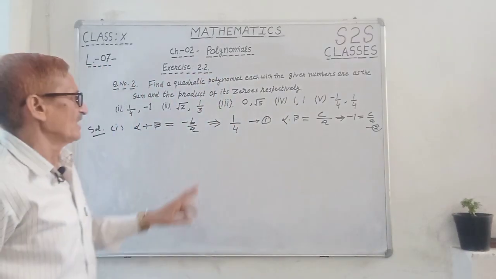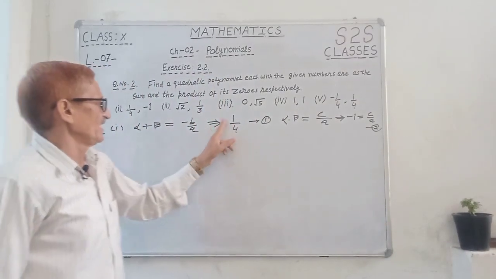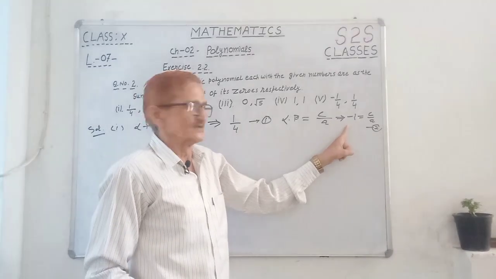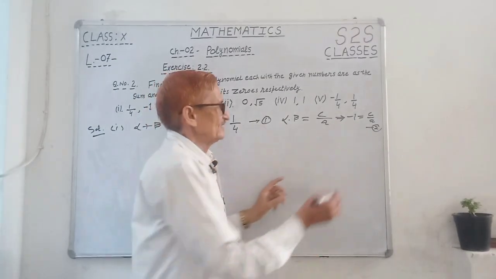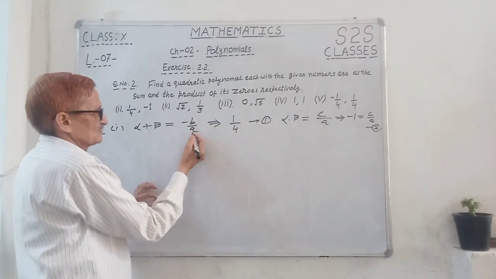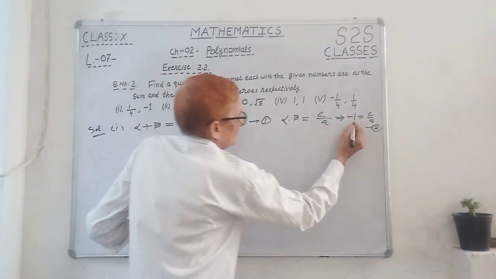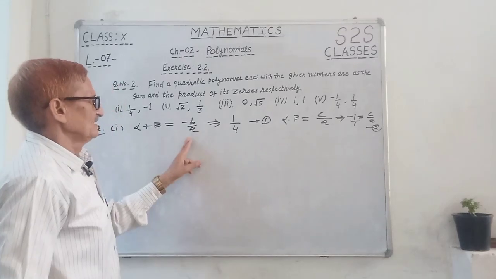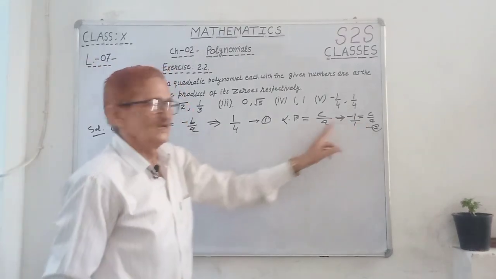These two equations you have: one, minus b upon a is 1 upon 4; other, c upon a is minus 1. Understand how to do that? The denominator in this equation is c upon a, and here also minus b upon a. A is the denominator in both equations.